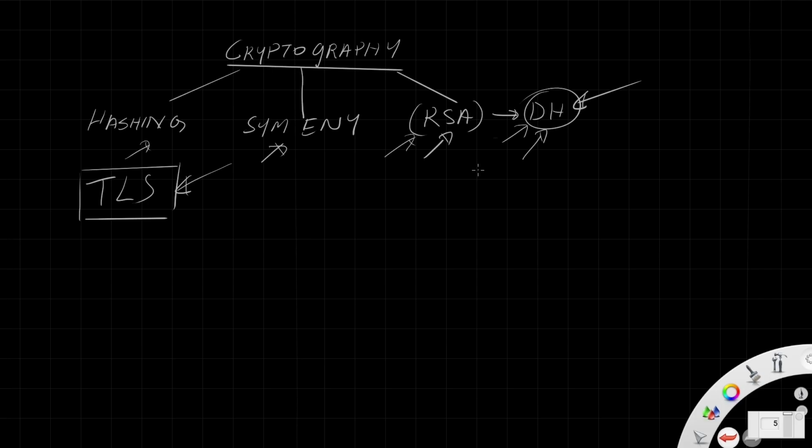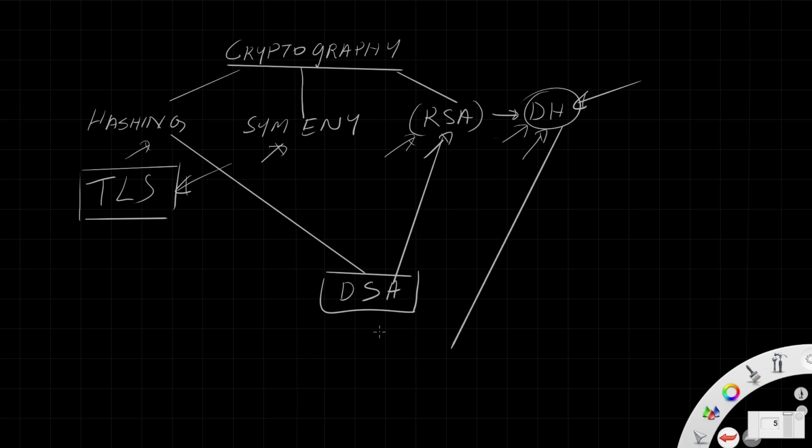So in the case of TLS, it is using pretty much all these things on the screen. For example, it is using signing, so digital signature we have seen, using hashing and RSA, or the digital signature algorithm, DSA. And then it uses key exchange.